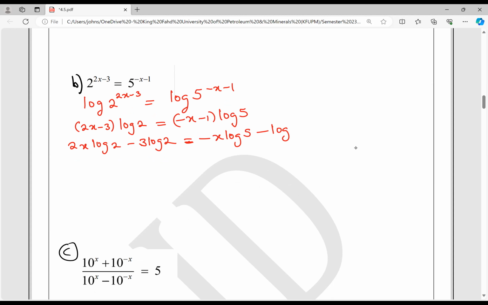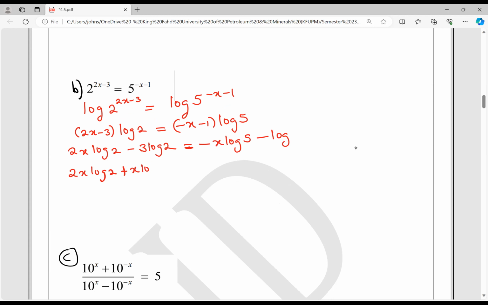So putting the x's together, you will have 2x log 2 plus x log 5, right? And this is equals to 3 log 2, minus, I think here is supposed to be minus log 5.